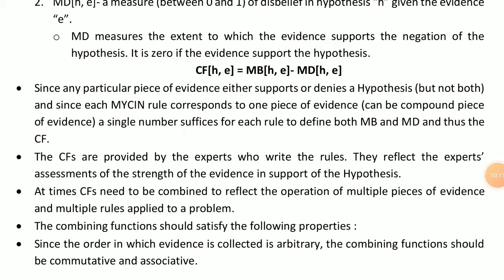Now, the certainty factors are provided by the expert who writes the rules, and the rules reflect the assessment of the strength of evidence, and whether it supports the hypothesis or not. And at that time certainty factors need to be combined to reflect the operation of multiple pieces of evidence and multiple rules applied to a problem.